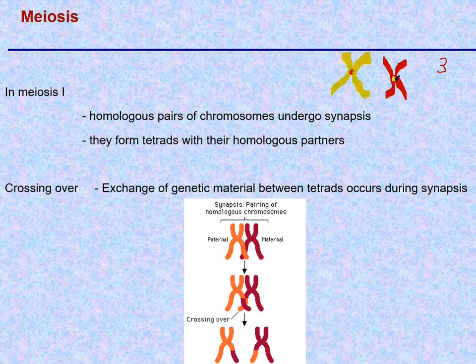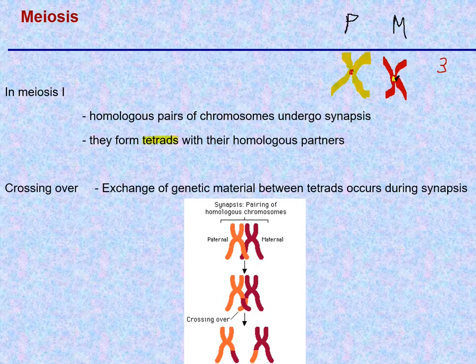So we have the paternal, 2 copies of chromosome 3, and we have a maternal, 2 copies of chromosome 3 here. Now, during meiosis, and I should point out also that these are called tetrads.